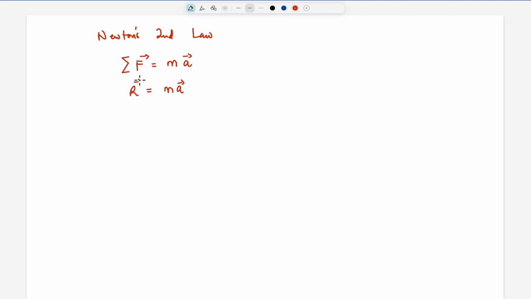So these are vectors. The acceleration is going to be the net force, the magnitude of the resultant, divided by the mass. So if we know the resultant to be 20.1 newtons divided by the mass given to us as 25 kilograms, then the acceleration is going to be about 0.80 meters per second squared.